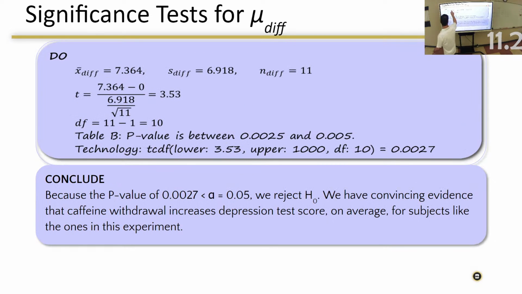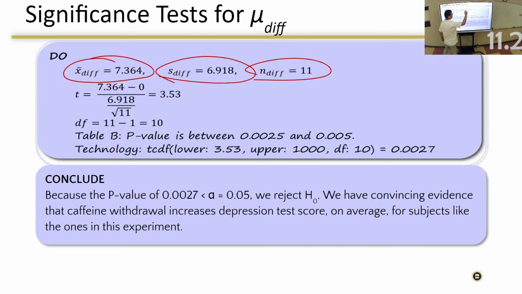There's X bar sub D. Your calculator will give you that. There's the standard deviation of D. N is 11, therefore DF is 10. Don't forget to put that. Okay, again, that's the most minus ones of any question ever in this class, minus ones for not putting the DF. Here's the T value. Somewhere on there, there's a P value.